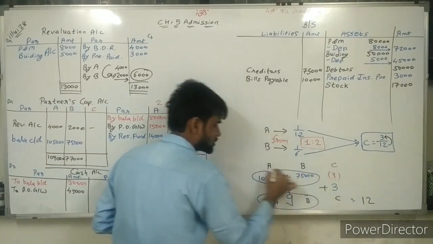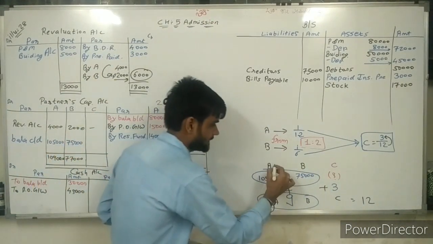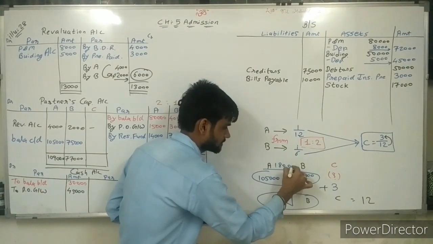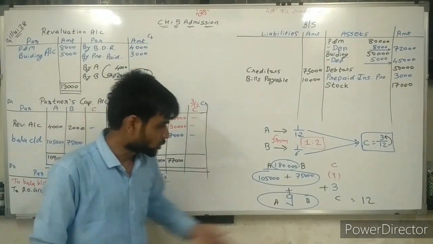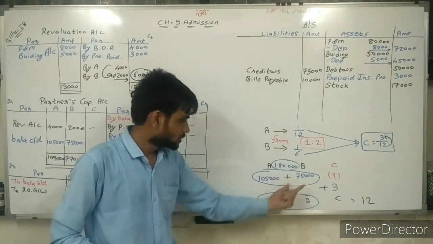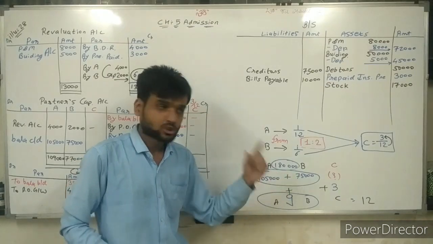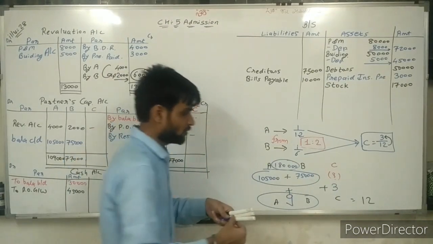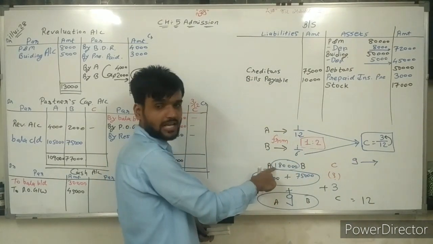Total of A and B actually is 105 plus 75, 180. So the total of A and B is 9 portions, and the amount is 180,000. So I can write here, for 9 portions, the amount is 180,000.